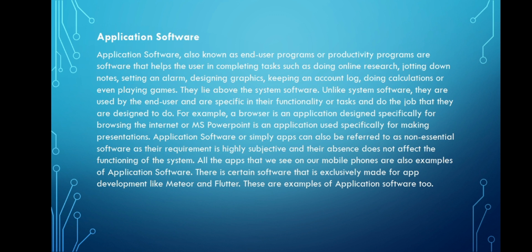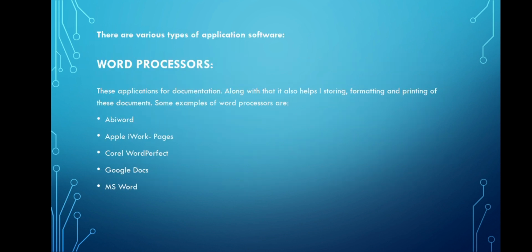All the apps that we need on our mobile phones are examples of application software. There is certain software that is exclusively made for app development like Meteor and Flutter. These are examples of application software too.